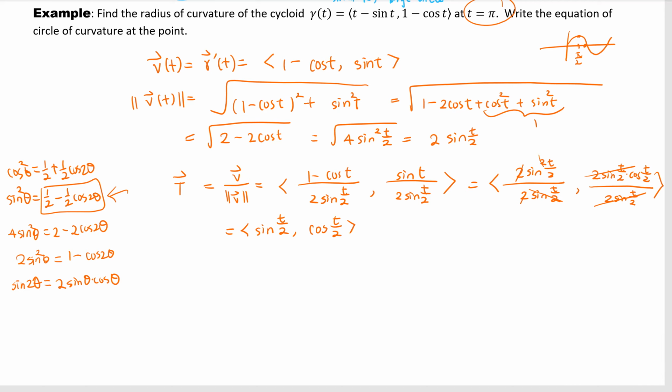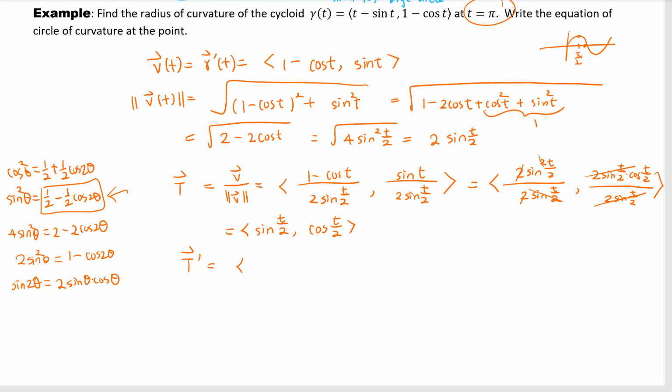You might say, wow, why do we want to calculate T? Okay, because here, in order to get the equation of the osculating circle, not only do we need to know the curvature, but also we need to know the principal unit normal vector. And in order to know the principal unit normal vector, we use T prime over the magnitude of T prime. So once we find T, we can then find T prime.